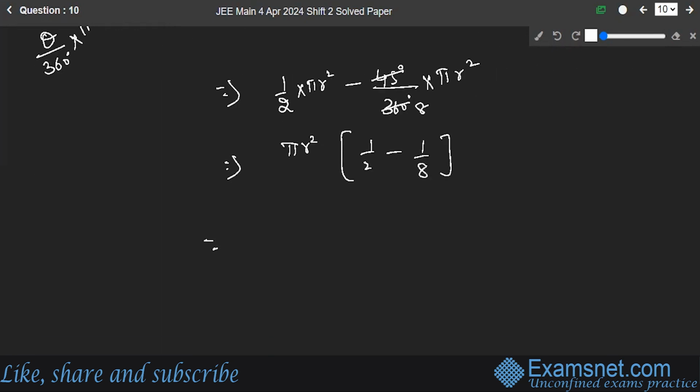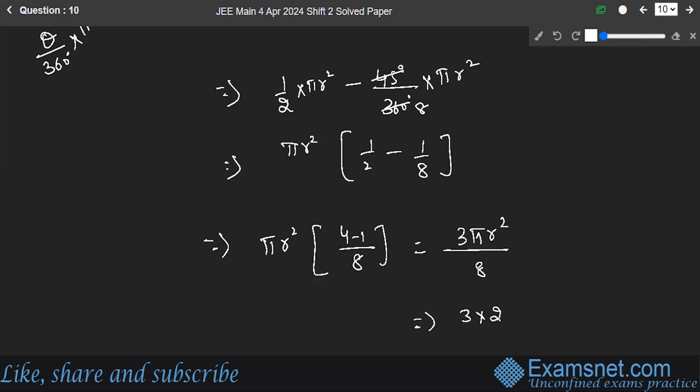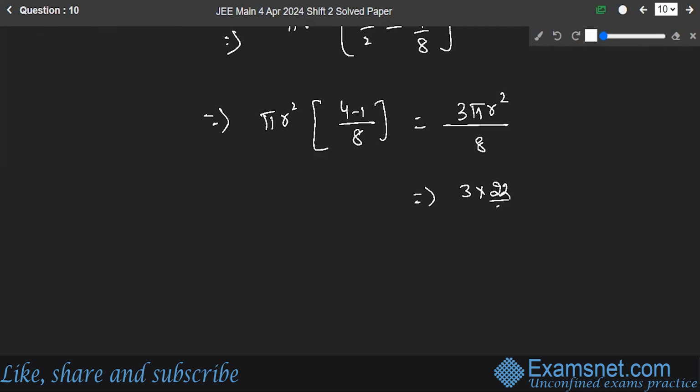So this is pi r square times (4 minus 1) upon 8, which is 3 pi r square upon 8. So this is 3 into pi, which is 22 by 7, into r square upon 8. Done. So this cancels at 2 and 11. This is equal to 33 by 7.